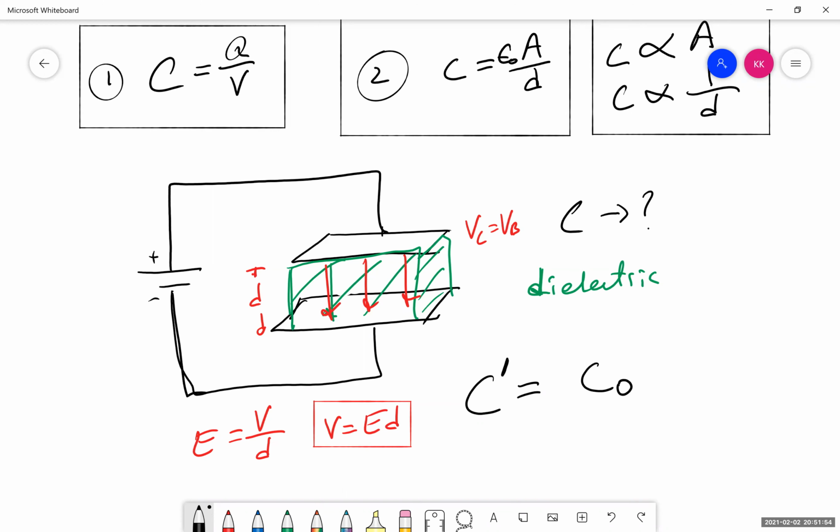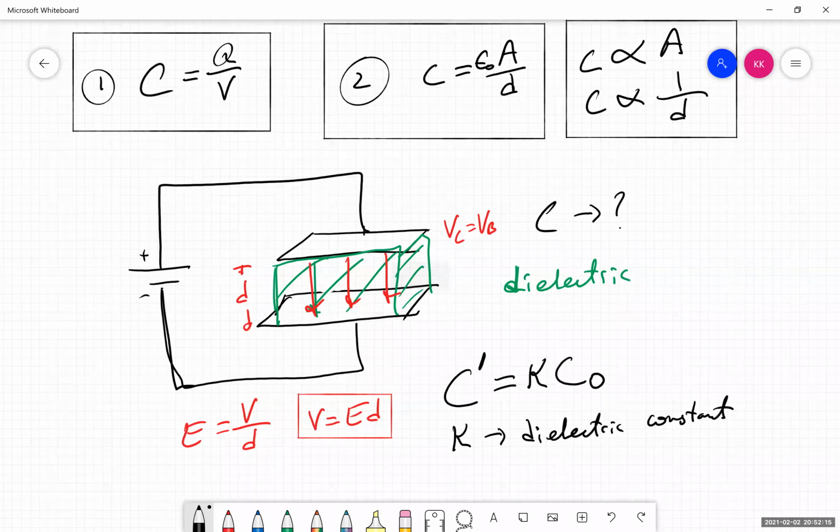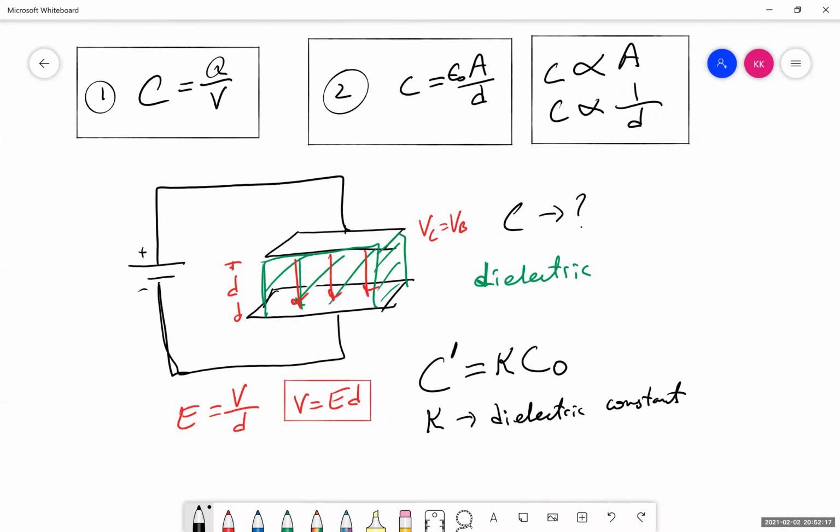Then C prime is going to be the new capacitance, increased by this factor we call kappa. This kappa is the dielectric constant, and it has no units. It's just a number that is greater than or equal to 1.